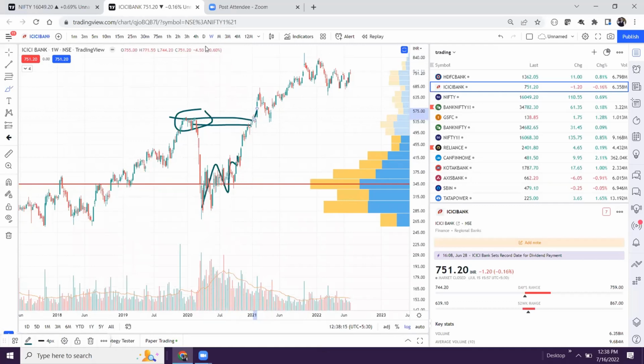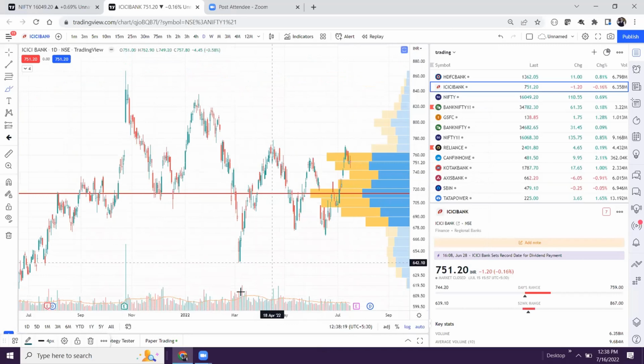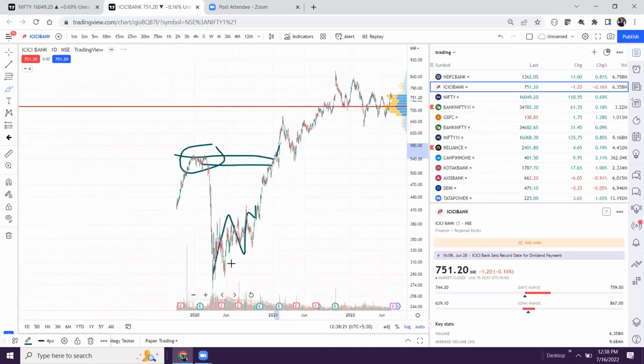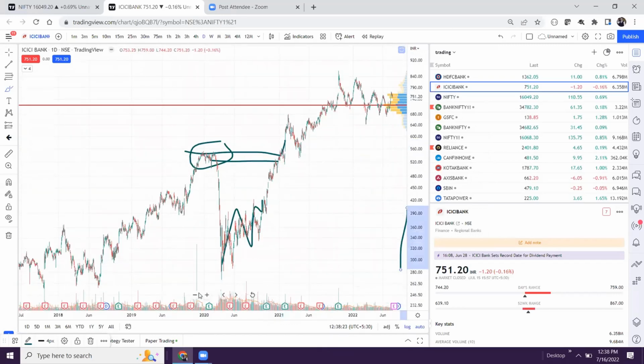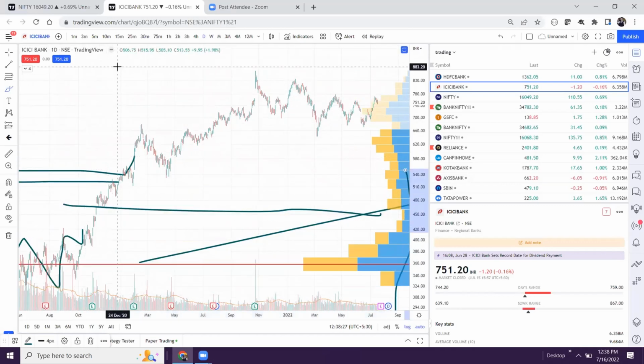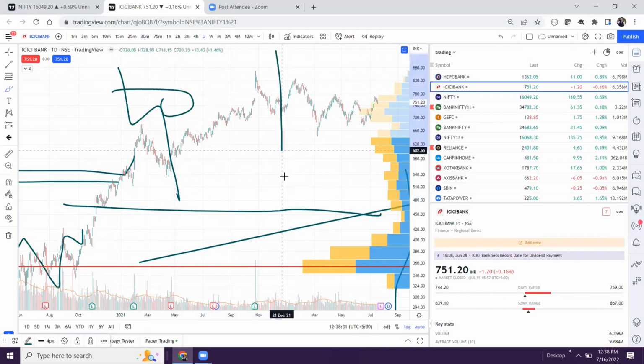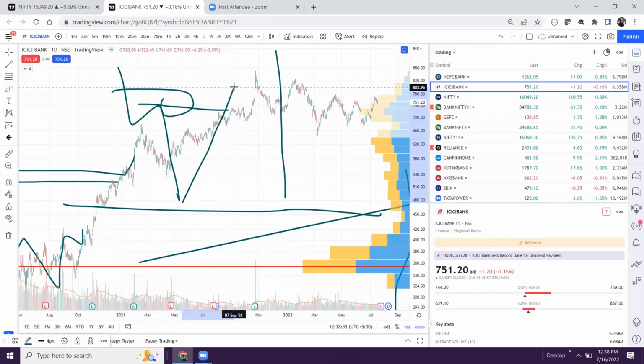But if you go to a daily chart, the story will be different, because there may be a retracement like this on a daily chart. On a weekly chart, this may be like this. So once on a daily chart this part is taken out, it means the trend has changed.